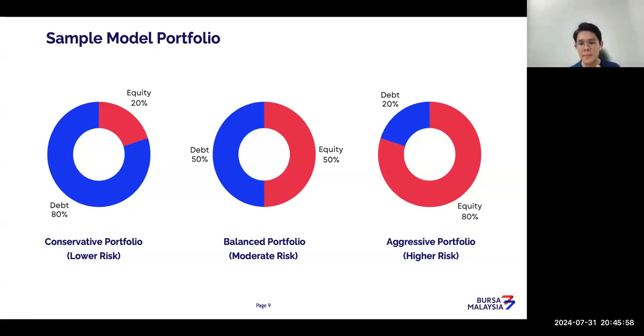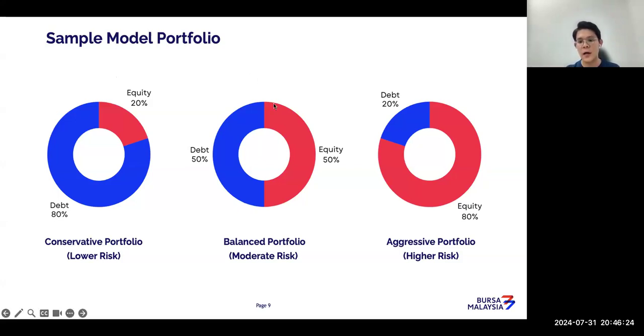A balanced portfolio, you can see here, has an equal split between equities and bonds. The objective of this balanced portfolio is to aim for moderate growth with controlled risk, which means you can look for potential growth with limited risk.